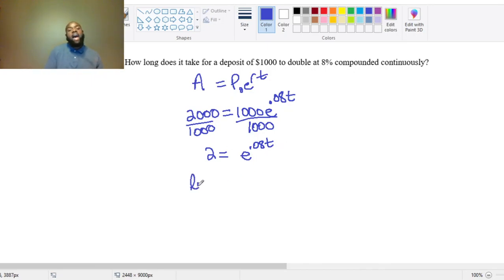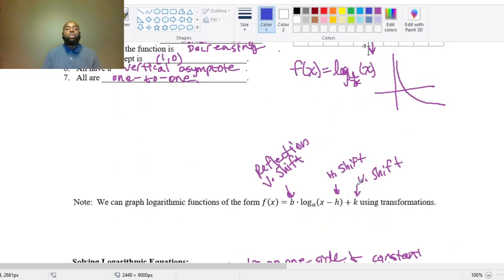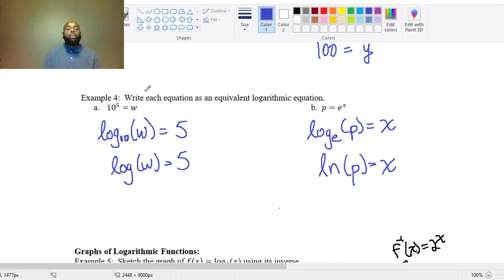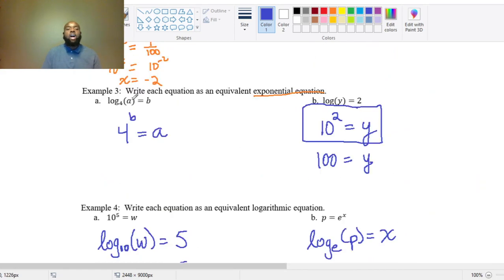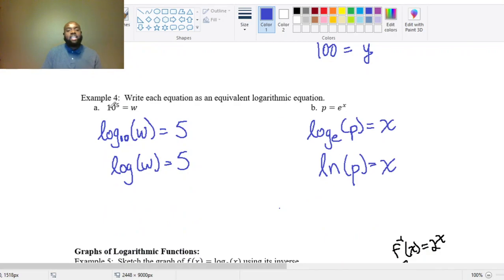For instance, if I have this exponential expression here, my base is e, this logarithm equals 2, and that exponent is what your logarithm always equals. I'm basically going back to the examples where we rewrite a logarithmic expression as an exponential expression. It's following this example here: I have log base e of p equals x.